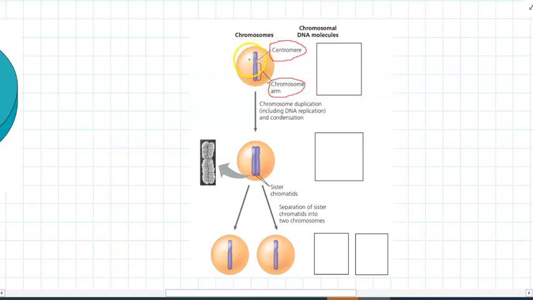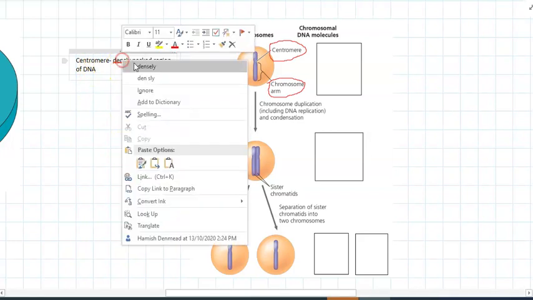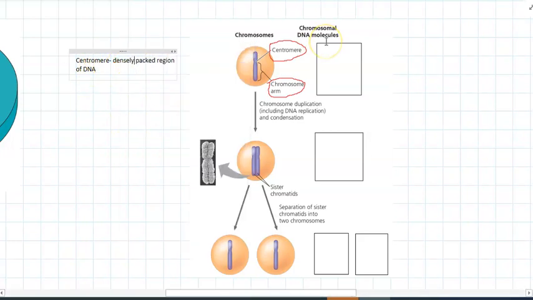So every chromosome has a point somewhere along its length called the centromere, and this is a really densely packed region of DNA. And it's important because that's where the spindle fibers attach to when the cell undergoes mitosis.